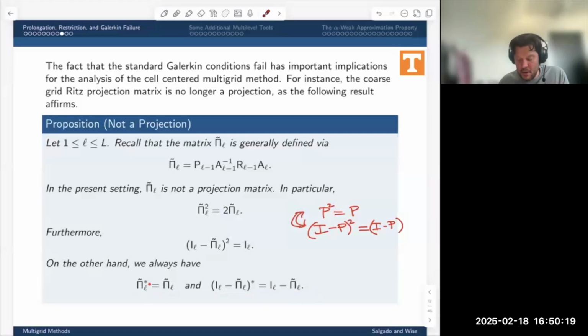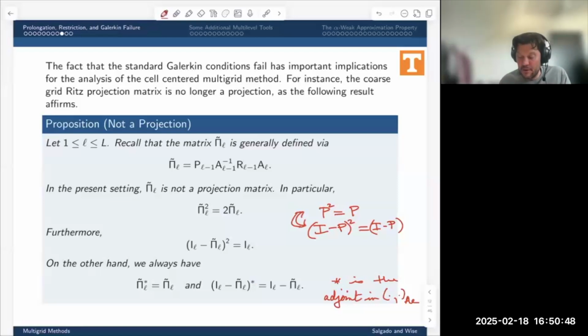Star is the adjoint in the AL inner product, which is associated to the transpose in the AL inner product. So they're still self-adjoint matrices.